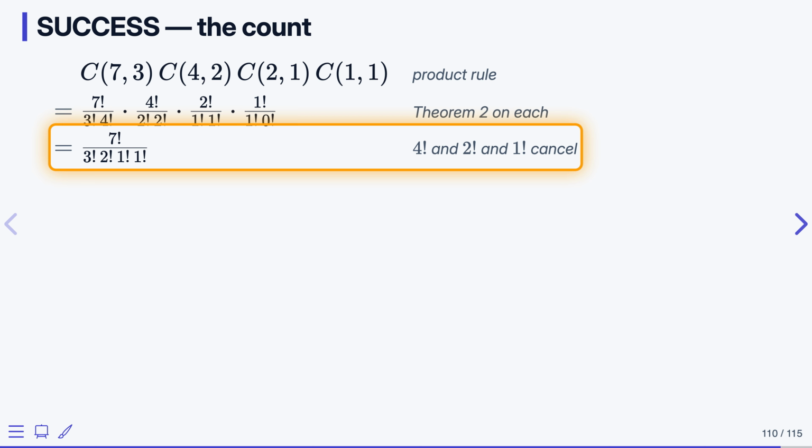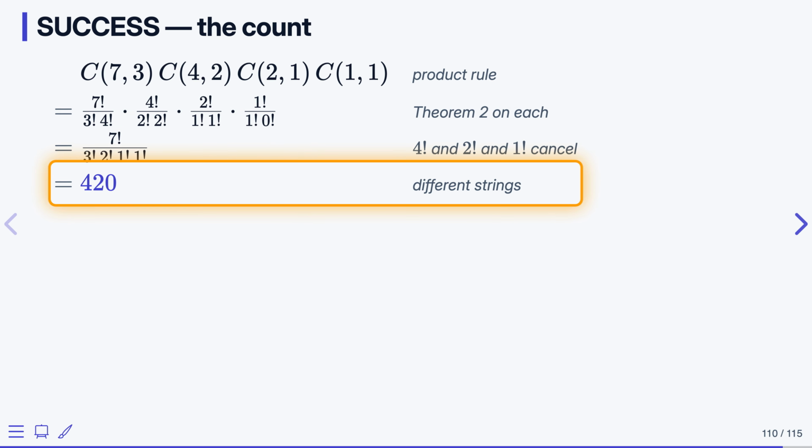The same happens with 2 factorial, then 1 factorial. All that survives is 7 factorial on top, and the type sizes underneath. Line 4. 7 factorial is 5040, and the bottom is 12. So there are 420 different strings.